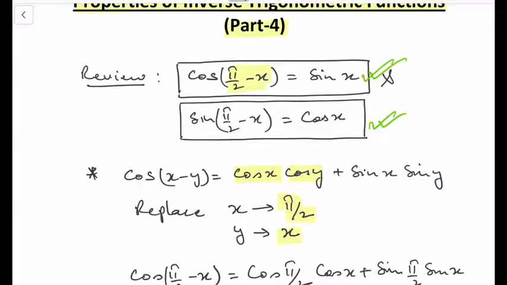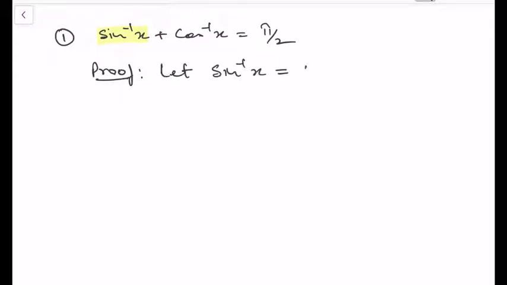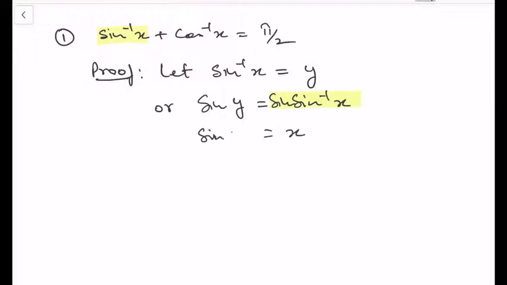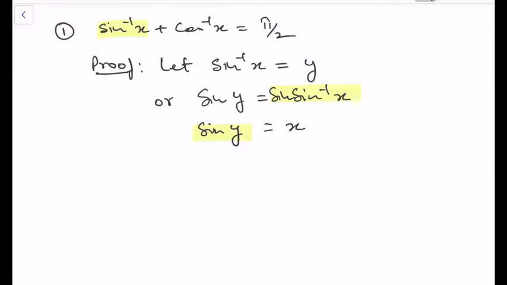So our first property is sin⁻¹x + cos⁻¹x = pi/2. To prove this, let sin⁻¹x = y, or y = sin⁻¹x. Now take sine both sides, then sin(sin⁻¹x) will be x. So sin y = x. Now since sin x is cos(pi/2 - x), then sin y will be cos(pi/2 - y) = x.